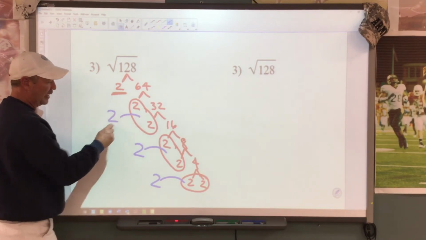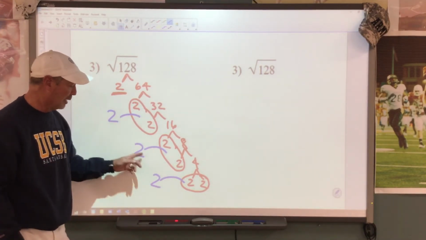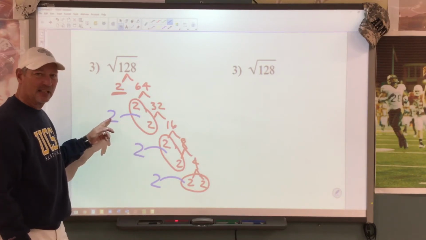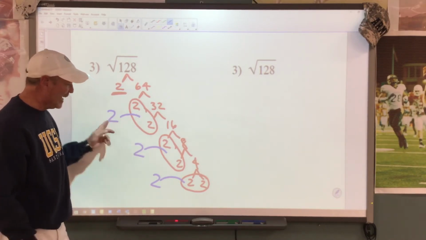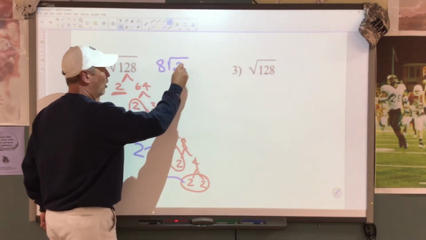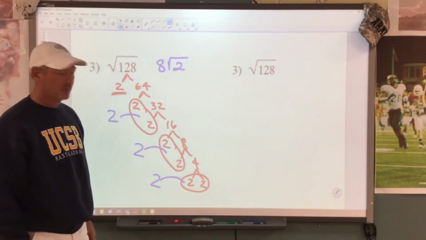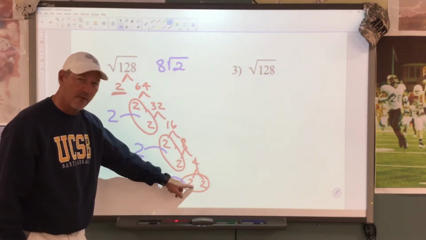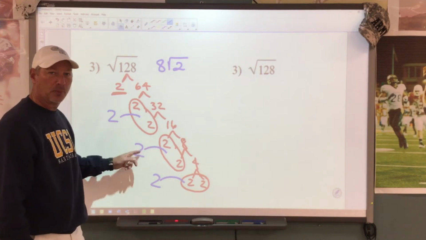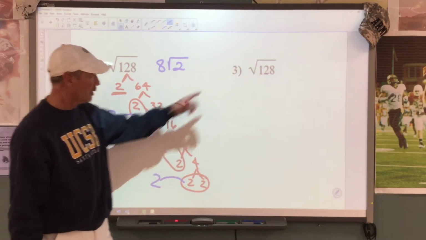This lets me take out a 2. 2 times 2 is 4. 4 times 2 is 8. We're multiplying. This is 8 on the outside and a 2 on the inside. Every time you have a pair, you take out a number and then you multiply them. Okay? Look at this.